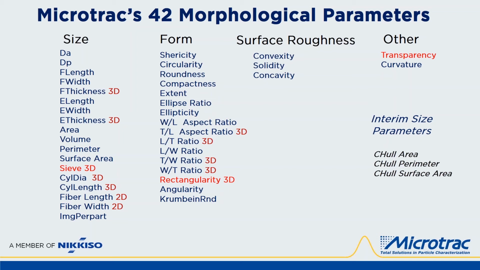And we'll see that it directly overlays the corresponding data determined by a sieve analysis. We'll also monitor transparency to ensure opaqueness, and rectangularity, another 3D form parameter, to check coverage efficiency.